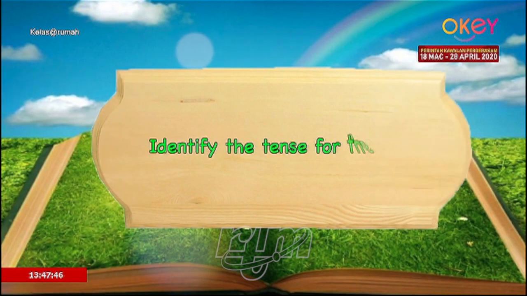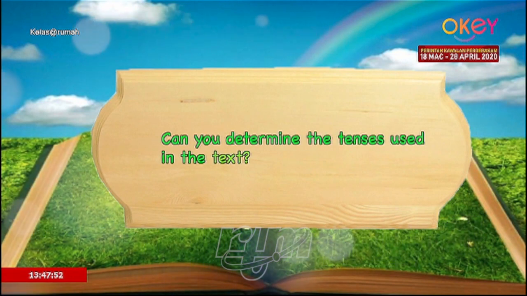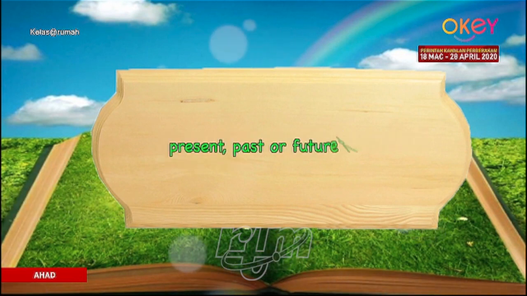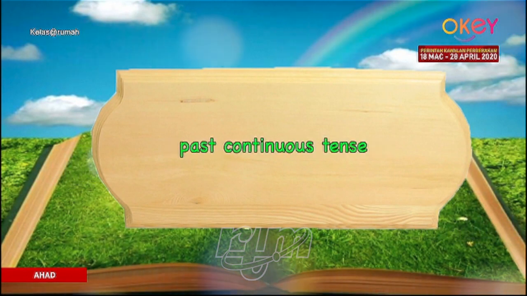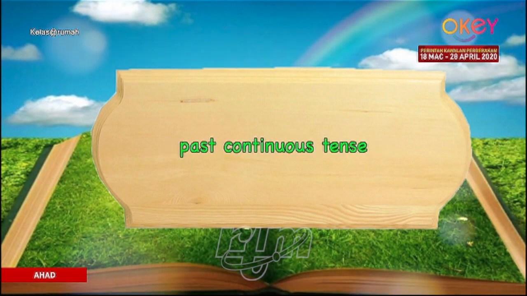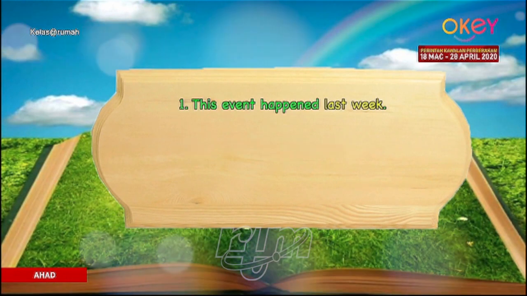Identify the tense for the text. Now, can you determine the tenses used in the text? Is it in present, past, or future tense? The answer is the past continuous tense. I know so because of the following reasons. Number 1, this event happened last week.